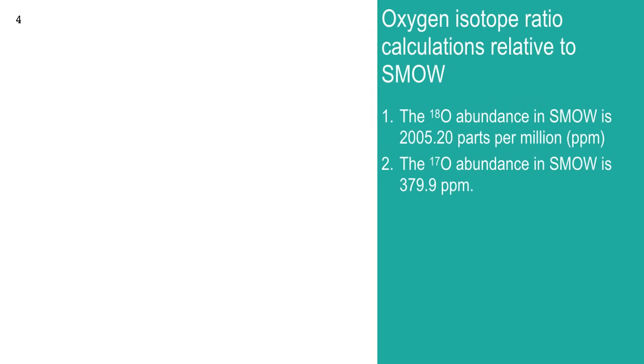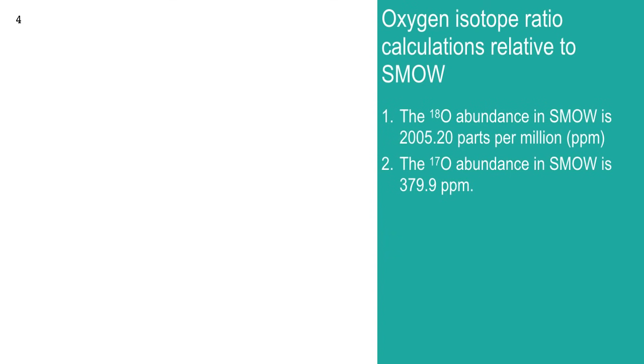You're going to want to make notes on the formula. The formula looks the same for every isotope ratio that we calculate relative to SMOW. But the actual computation, you'll be putting slightly different numbers in. So take notes carefully. All right, now we know what the relative abundance of oxygen 17 and 18 are for SMOW.